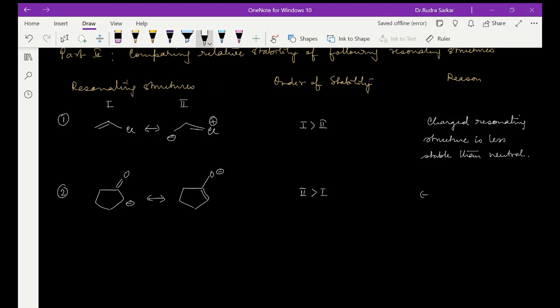reason being negative charge in 2 lies on the most electronegative atom.